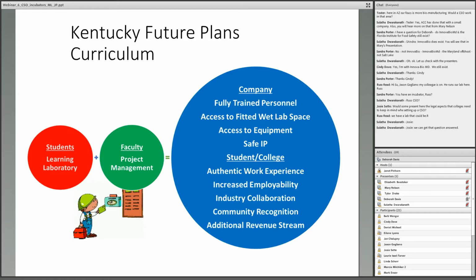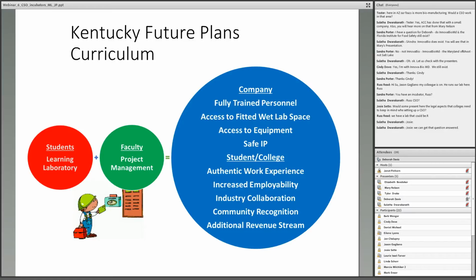So as previously mentioned, all these problems that we're solving come with the addition of one extra, and that is an additional revenue stream. That comes in the form of tuition funds from students for the Learning Laboratory, and then income from renting space as well as service income.